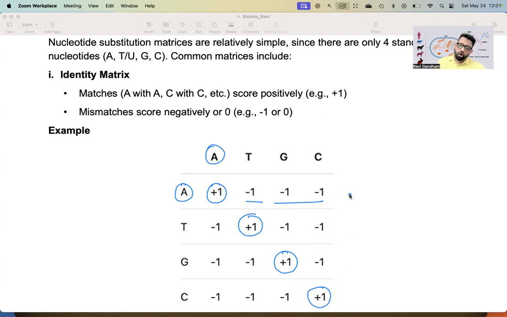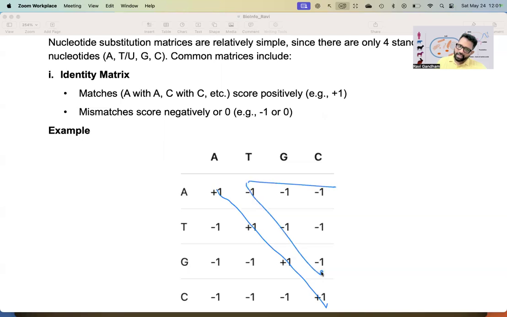That means all diagonal elements will be +1, and the upper triangle and the lower triangle both have negative scores. And this is what an identity matrix is. Sometimes mismatches are also given a score of 0.